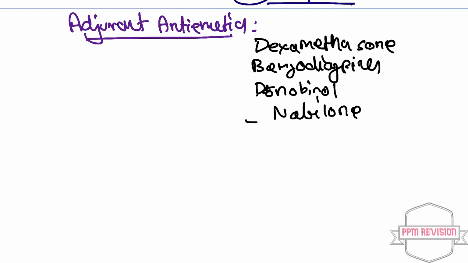Okay, now we are done with antiemetics, and to remember this we need to read it again and again or watch it again and again. I'll just summarize it in brief. Antiemetics is the topic.